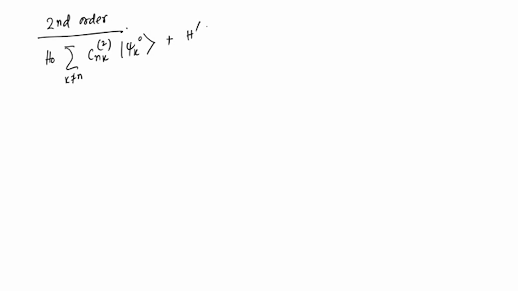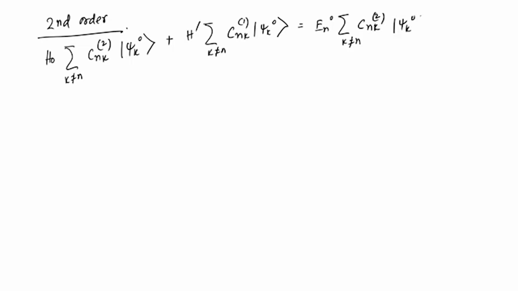So, the second order: this is H0, and then we have k not equal to n, and we have Cnk2 and psi k0, plus H prime, and then we have k not equal to n, and Cnk1 psi k0, equal to En0, and then k not equal to n, and you have Cnk2 psi k0.